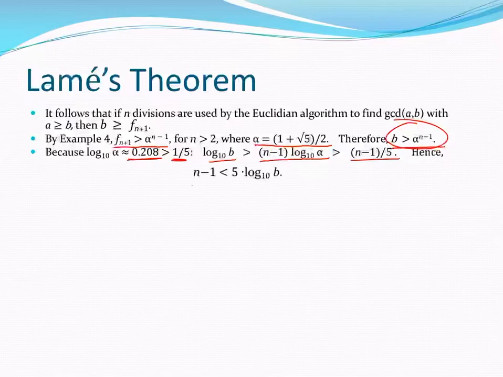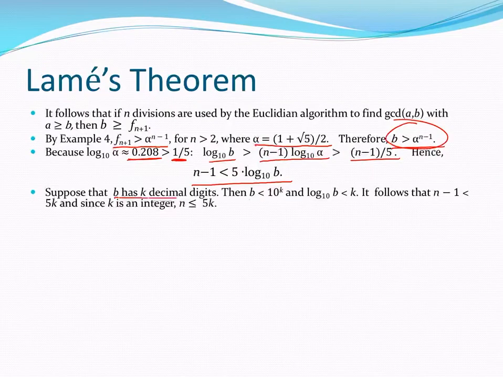So if I multiply both sides by 5, I get n minus 1 is less than 5 log 10 b. So in some sense, b forms an upper bound on n, the number of divisions for the Euclidean algorithm.